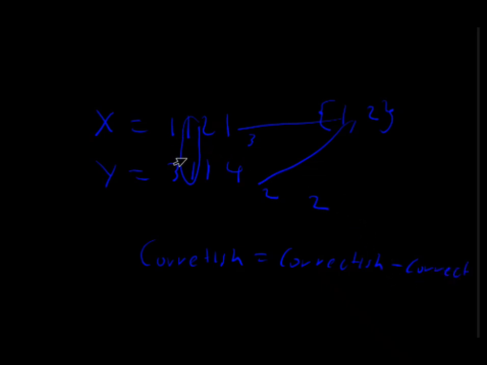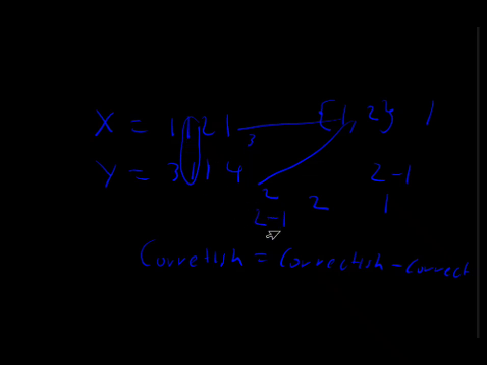Remember we said correct is 1 and the real value of correctish is 1. But if we don't know the real value and we use this method, it's going to tell us correctish is 2. But now if we say correctish minus correct, it's going to give us the actual value that we figured out already, right? So for us to get the real value of correctish, we have to exclude correct, because this method that we're using also counts correct. Notice that this method tells me the minimum appearance of the 2 is 2, and then correct is 1.